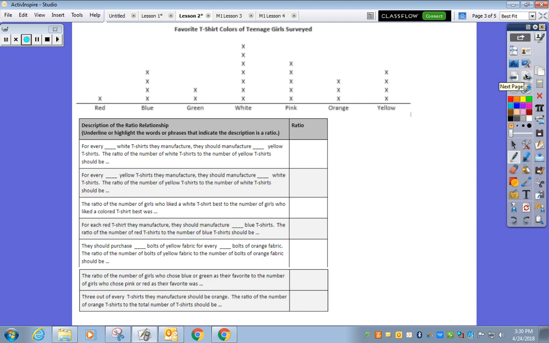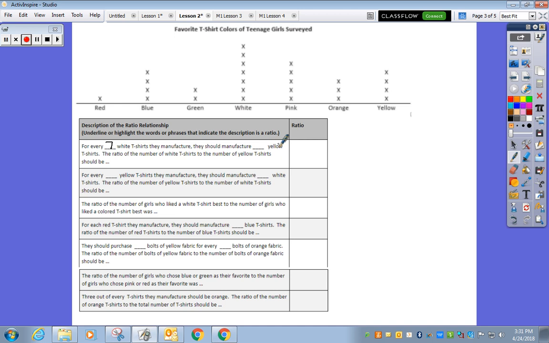Okay, so the next one just continues the same picture, but now it's asking us to plug in the numbers based on the information. It says for every blank white t-shirts they manufacture, they should manufacture blank yellow t-shirts. The ratio of the number of white t-shirts to the number of yellow t-shirts should be. So it's just asking us to use the line graph here to figure out the different numbers. White t-shirts, if you look, is 1, 2, 3, 4, 5, 6, 7 white.